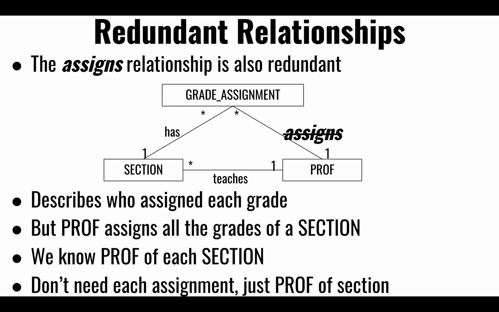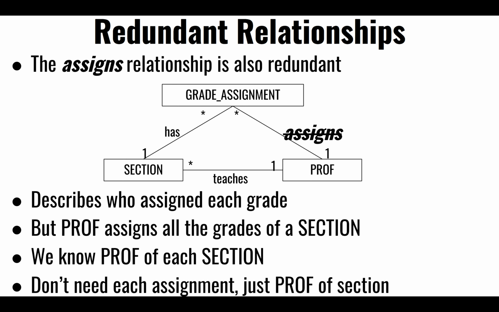So here we've decided to remove one side of the relationship. We say we're just not going to do it. Once you think about it, you say, wait a minute, do I need to keep track of who assigns this grade? If one of the rules is that a professor is the only professor who teaches this section, then who else could assign this grade?